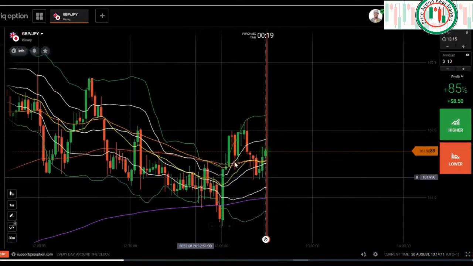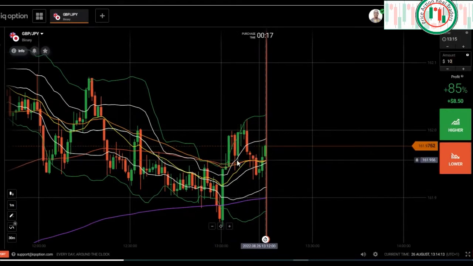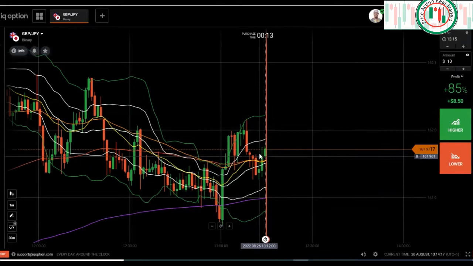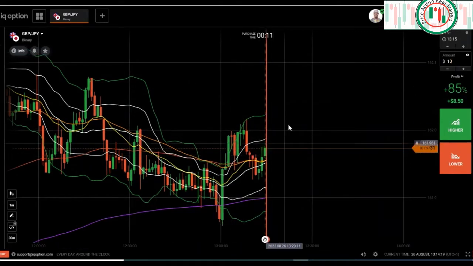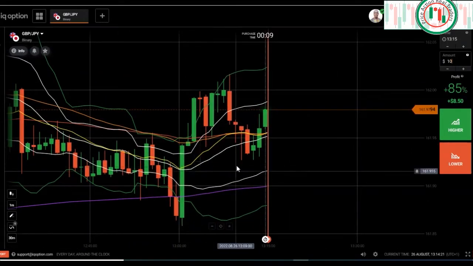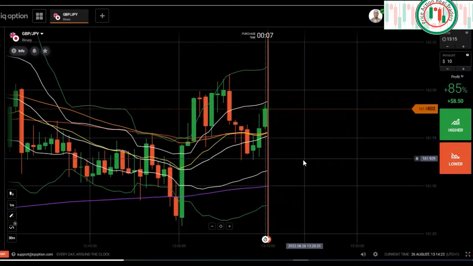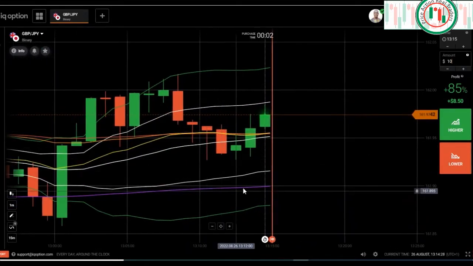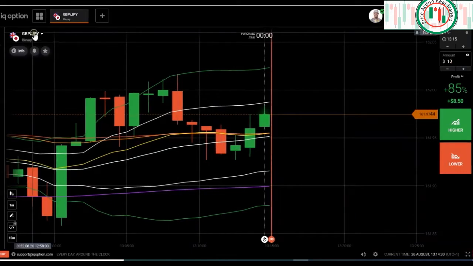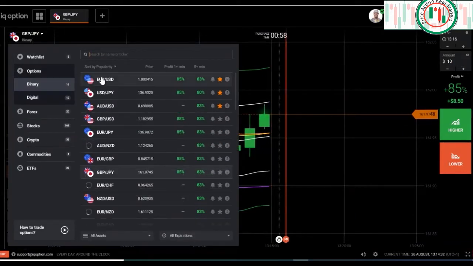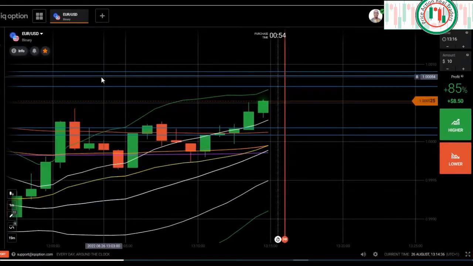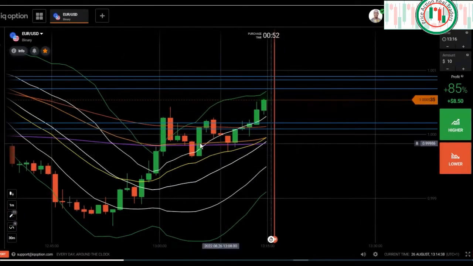So here you can see we are in ranging mode. This is ranging market. So here we cannot trade based on strong trend, so we have to wait. To get good opportunity, let me check another pair. Here as well is ranging.